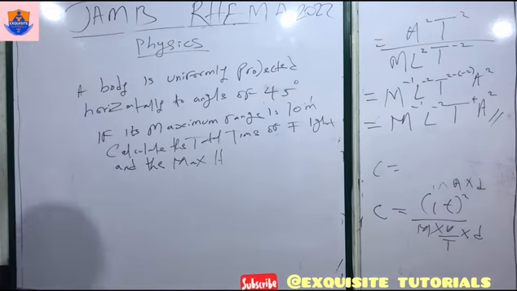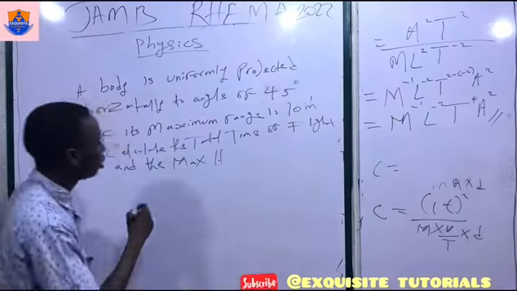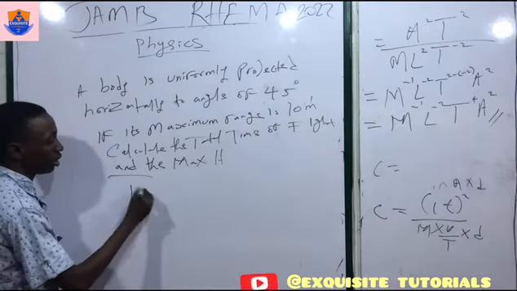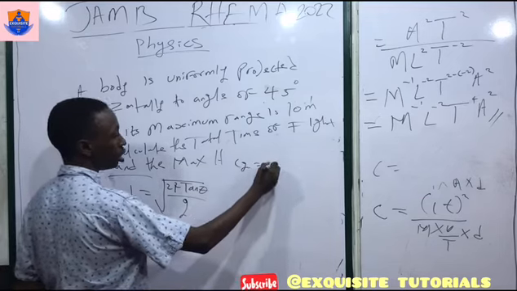Instead of starting to use the projectile formulas, you can just say total time of flight is equal to the square root of 2R tan theta all over g. Take g equal to 10.